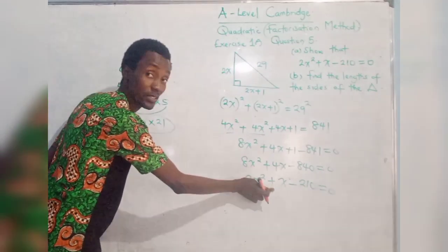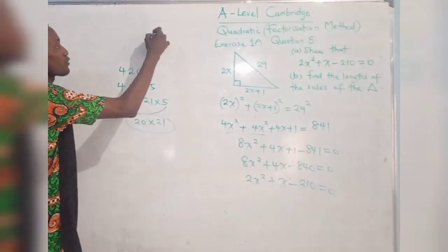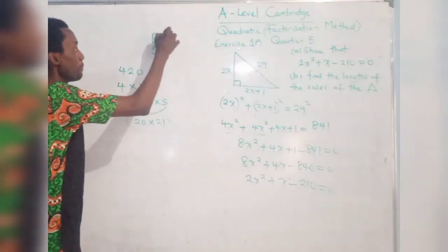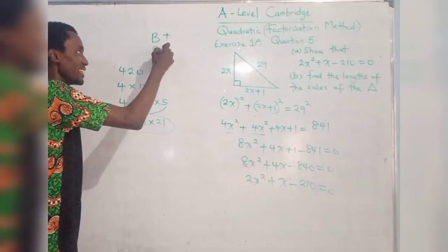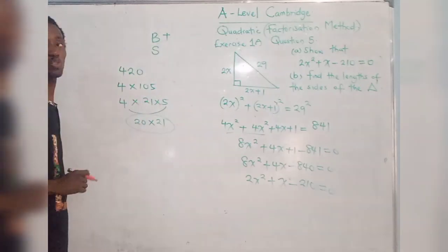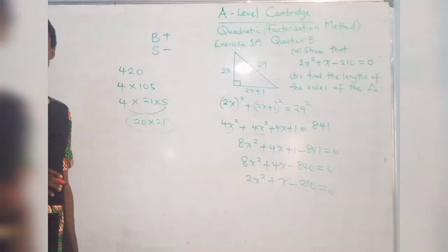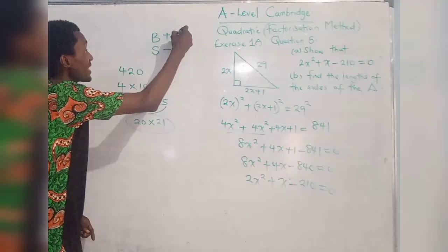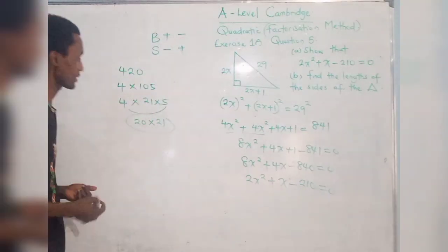And because this is positive, you're going to have two numbers, big and small. To get a positive, big must be positive, and negative goes to the small. But if the result I'm getting here is negative, I will assign negative to big and positive to small. So with that understanding, I would apply.